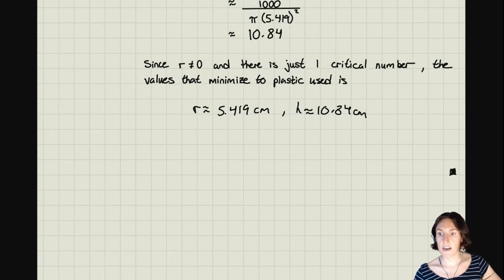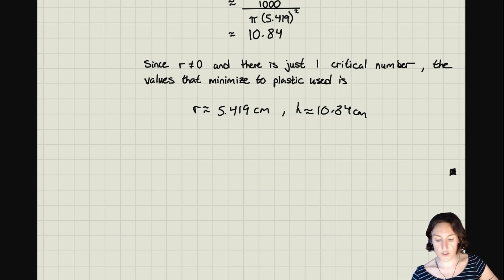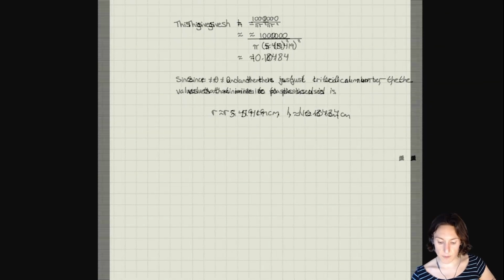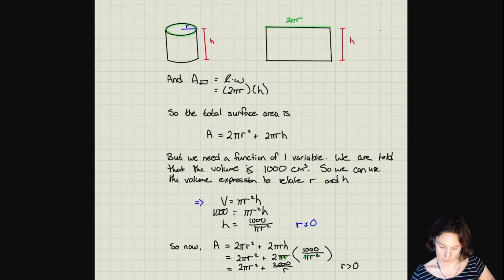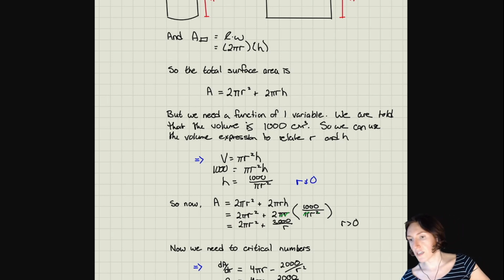And to confirm this is a minimum, you could look at the derivative before and after the critical number to check. That's one way to do it. But we know that our area function does represent a type of parabola. When we sub in the r, we have a parabola plus a 1 over r term. So visually, we know that roughly this is going to be facing upward.